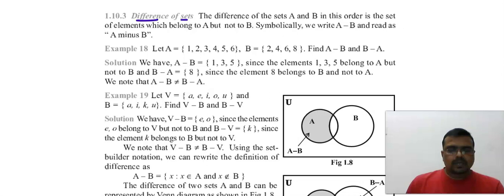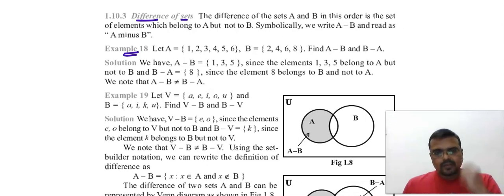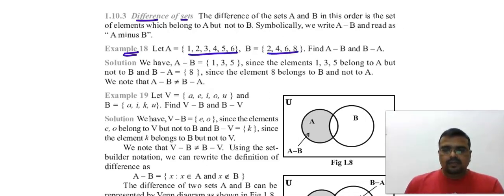Now you can see here set A in example 8 and set B is 2, 4, 6 and 8. They are asking find A minus B. Okay. What is the meaning of A minus B?